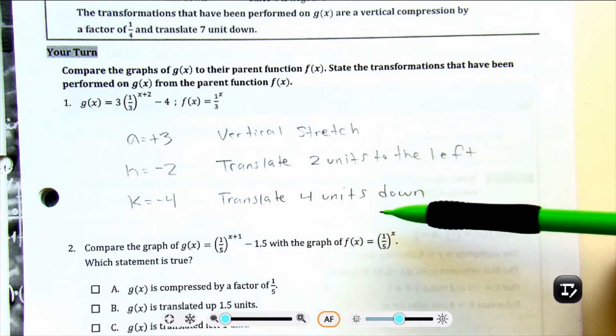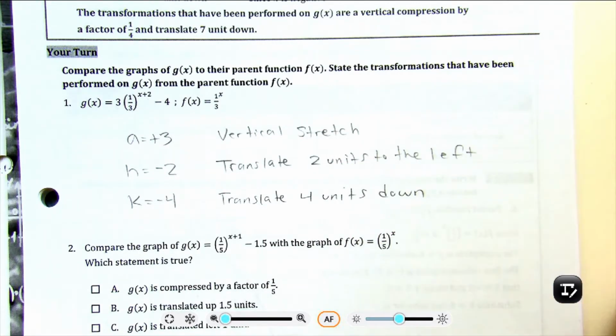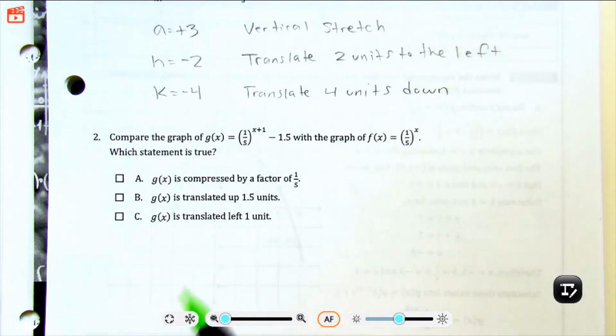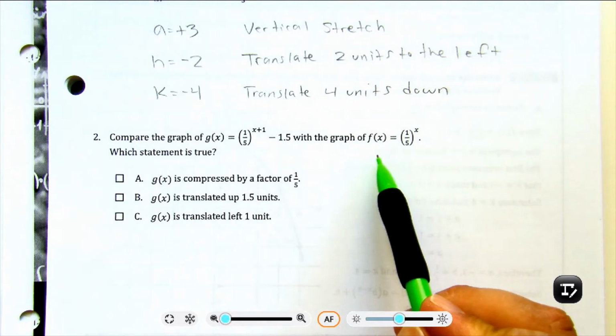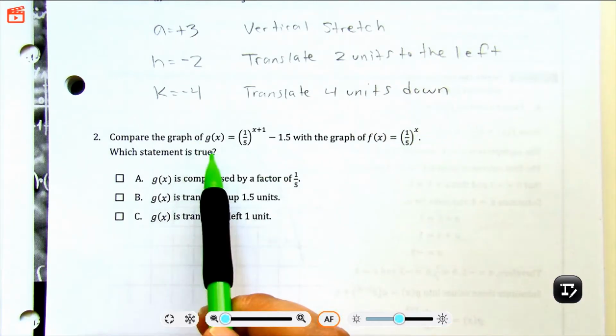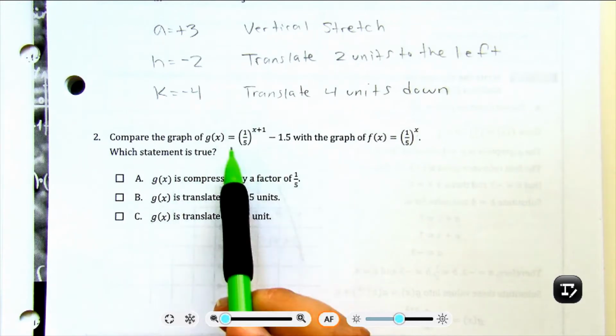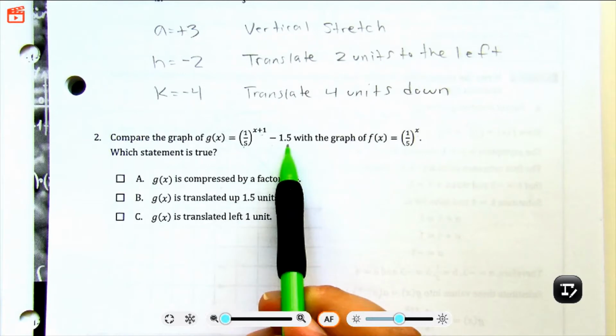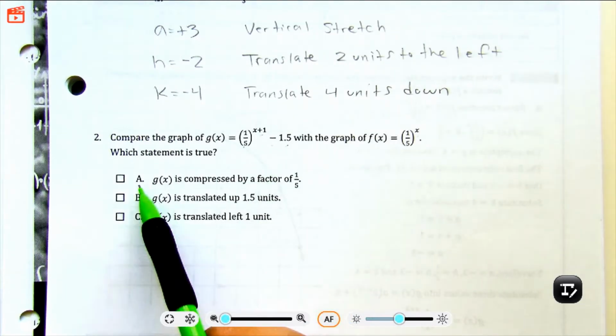So next, for problem number 2, this is my parent function. F of x equals 1/5 to the x power. And this is my transform function. G of x equals 1/5 to the x plus 1 minus 1.5. So let's go through these statements, and what we're trying to find out is which one is true.